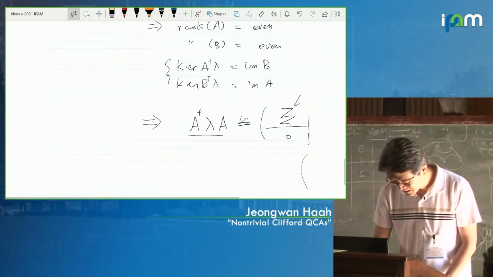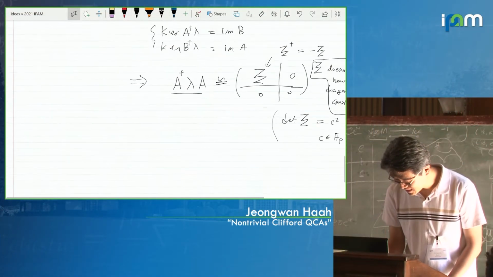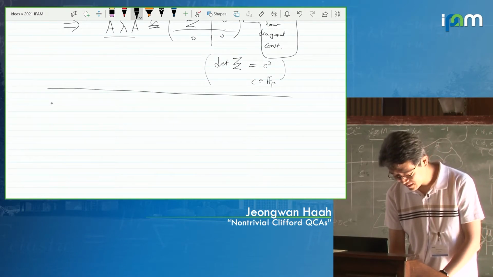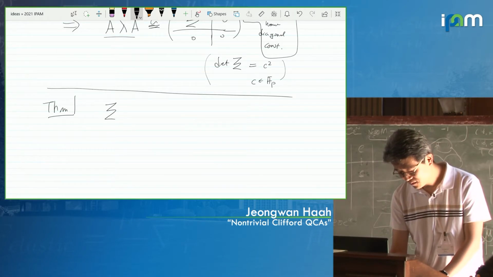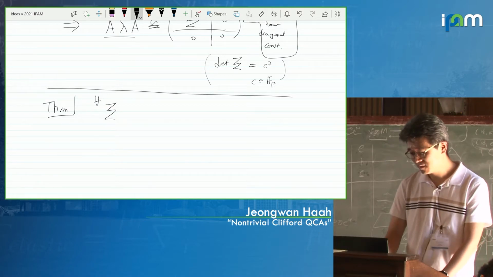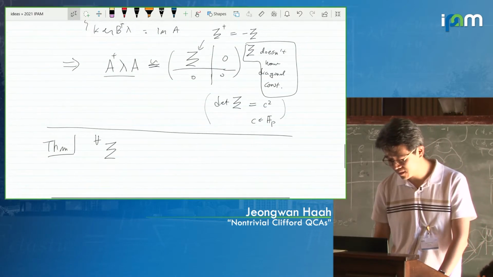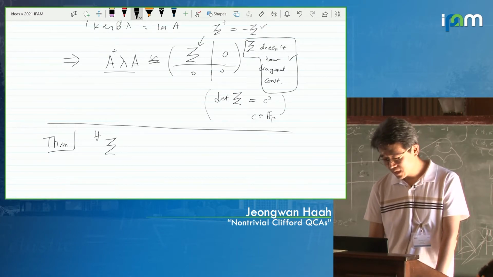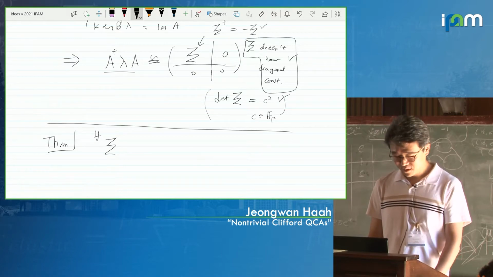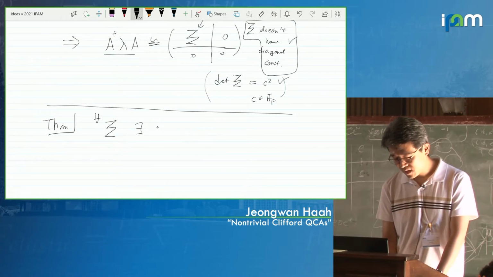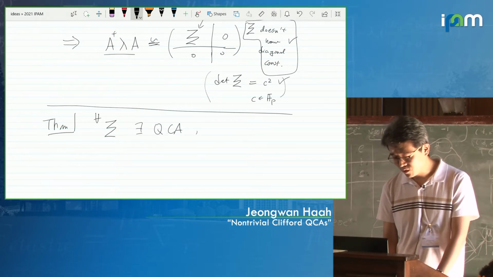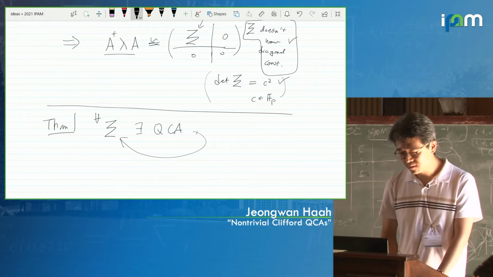Okay, so why is this interesting further? The theorem is that for a given anti-Hermitian form like this, satisfying these conditions, that it has to be anti-Hermitian, does not have any constant diagonal term, and the determinant is non-zero, then there is a Clifford QCA from which you can induce this form again.